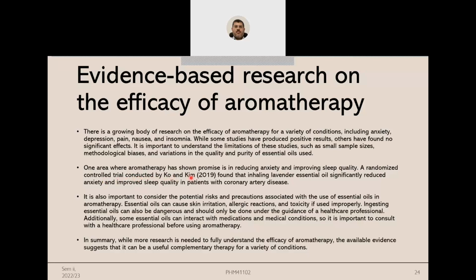It was conducted by Ko and Kim. They found that inhaling lavender essential oil significantly reduced anxiety and improved sleep quality in patients with coronary artery disease. So here, it is just a kind of complementary medicine. The patient will go on with the treatment of coronary artery disease, but besides, they will have aromatherapy to reduce the stress and anxiety from the disease.